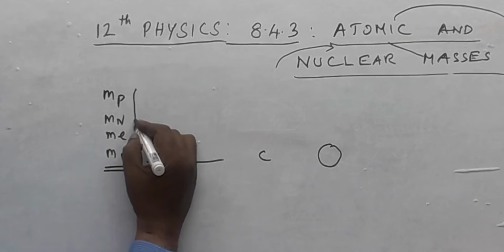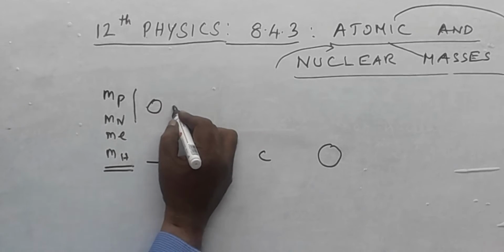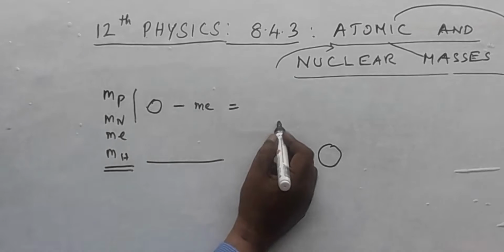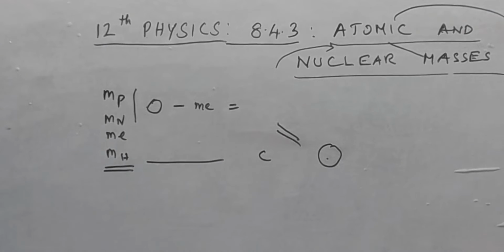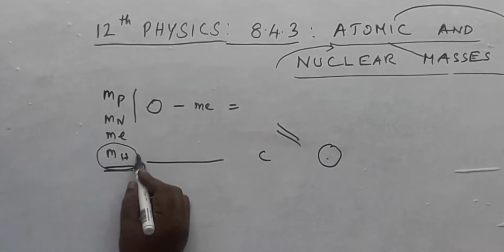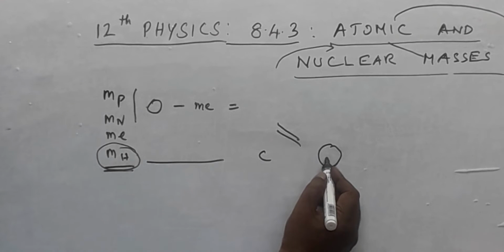And adding these two, this is called some value minus of Me, that is not equal to this value, because if I totally calculated the mass of hydrogen, that is equal to this value.